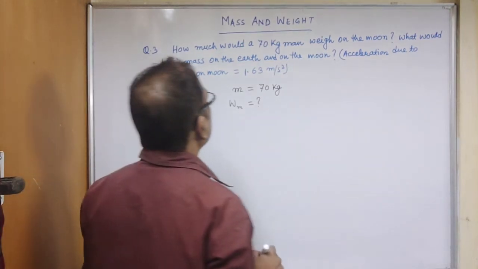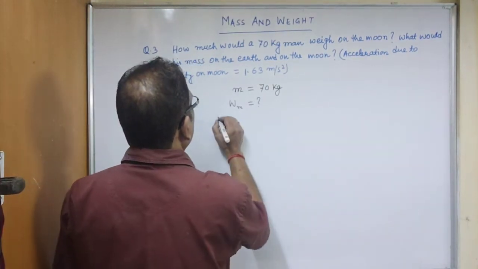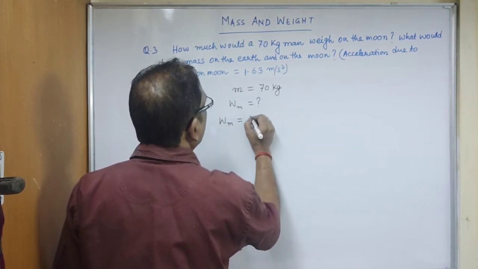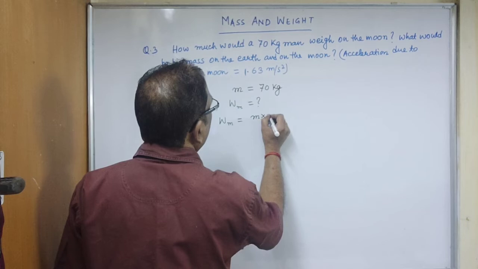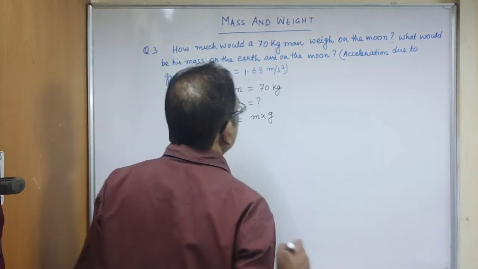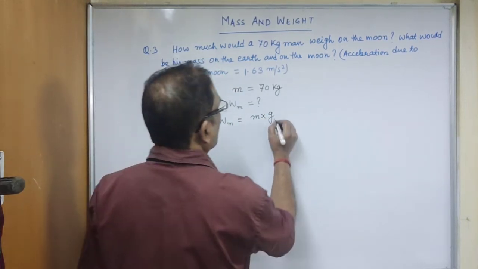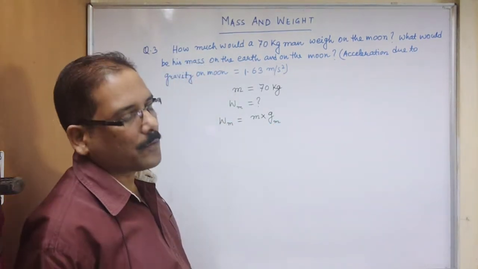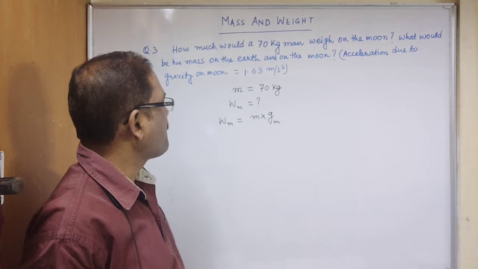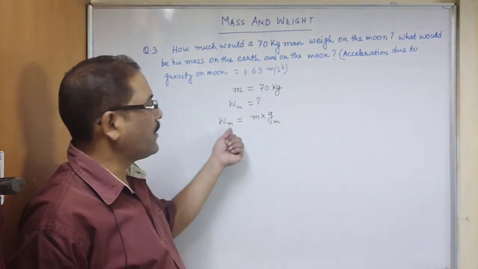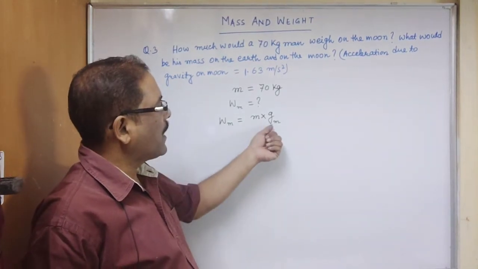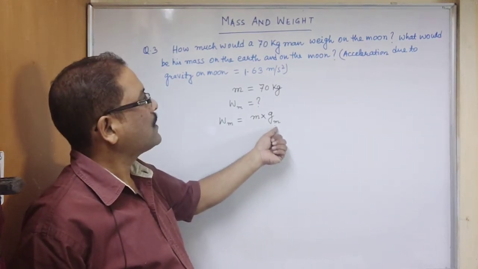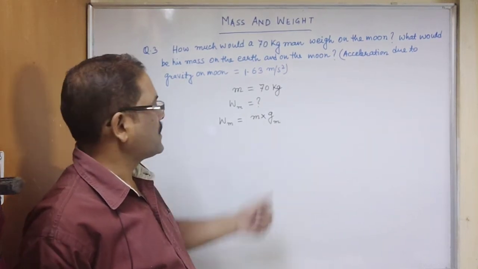So there is no new formula for it. Weight on the moon will be mass into acceleration due to gravity on the surface of the moon. Simply, weight is equal to m into g, and here Wm means weight on the moon, and gm means acceleration due to gravity on the moon surface.